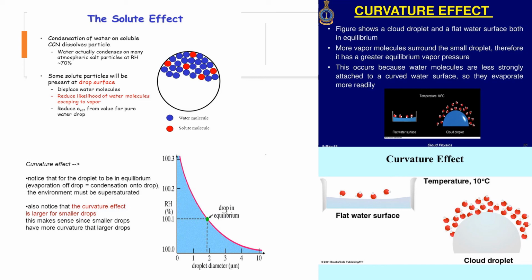So those are the situations for cloud droplets growing larger, and we know the two effects: the solute effect and the curvature effect. The solute effect helps the droplet grow bigger, but the curvature effect enhances evaporation.